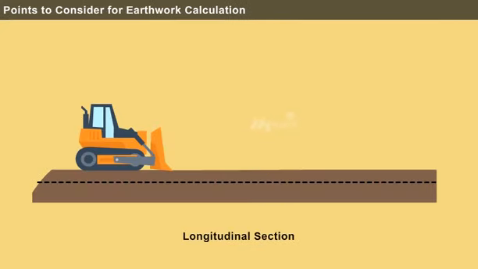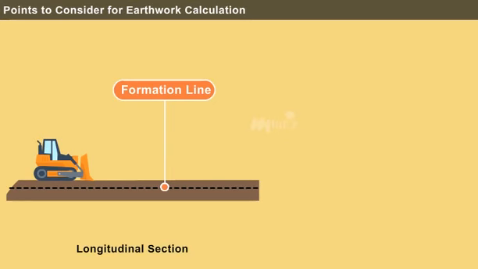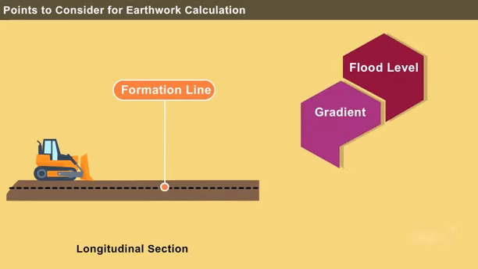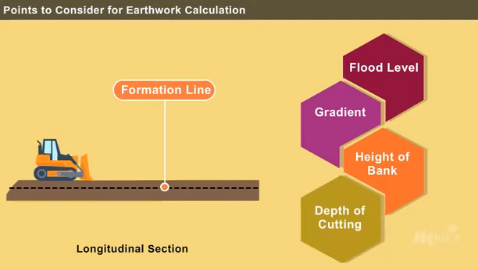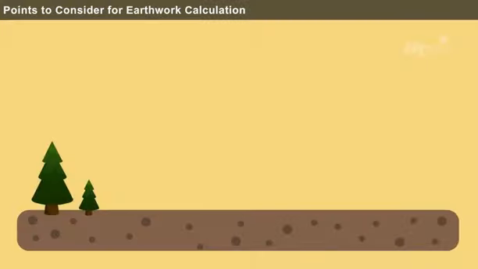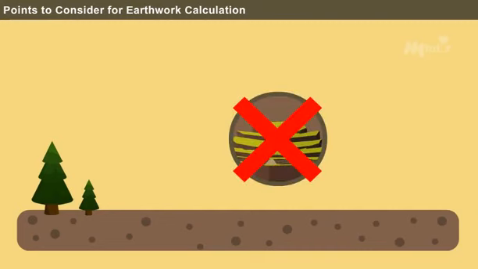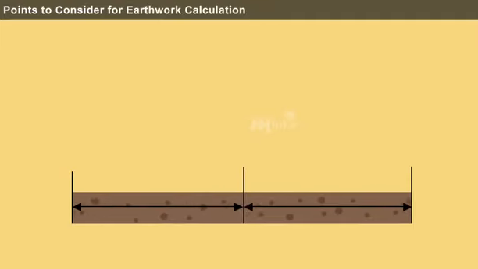Generally, the earthwork in the road is calculated along the fixed formation line by considering the longitudinal and cross-section of the ground. Also, the formation line is fixed by considering the flood level, gradient, height of the bank, depth of the cutting, etc. In plains, there is no cross slope as the ground is flat. Here, the earthwork is calculated by dividing the length into 2 consecutive stations of longitudinal sections until the entire length is covered.